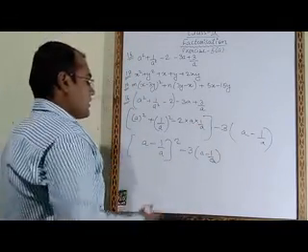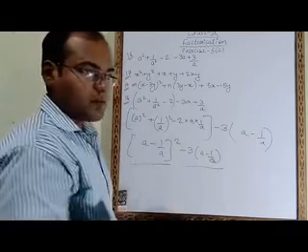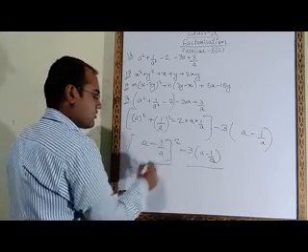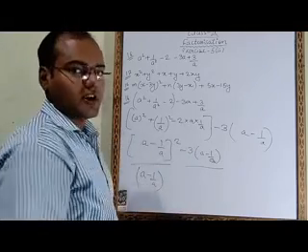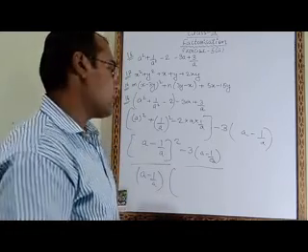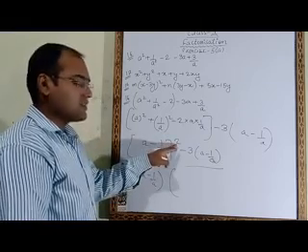Now this is one term, this is another term. From these two we will take common. a minus 1 upon a is coming in both the terms, here also and here also. So here we will take a minus 1 upon a common outside the bracket. Now in another bracket you have to write the remaining part. From this a minus 1 upon a, how many times is it coming? 2 times.